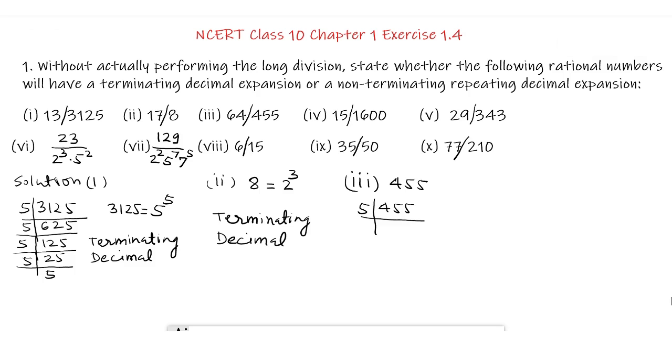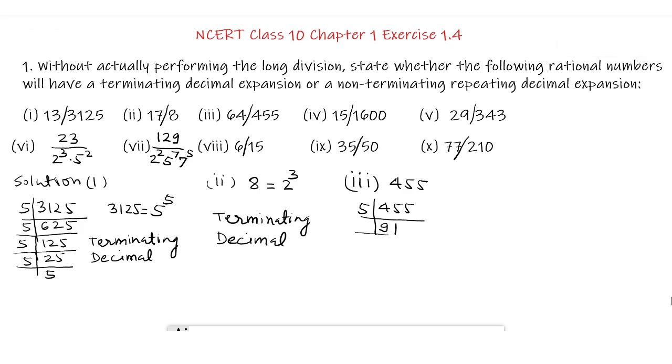Part 3, 455. The denominator is 455. So we prime factorize it. On prime factorization, 455 is not divisible by 2. It is also not divisible by 3 as the sum of digits is 14. And it is divisible by 5 as the ones place is 5. On dividing by 5, we get the quotient as 91, since 5 times 9 is 45 and 5 times 1 is 5.